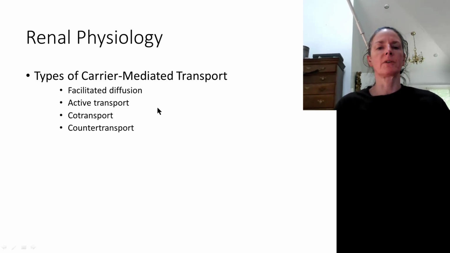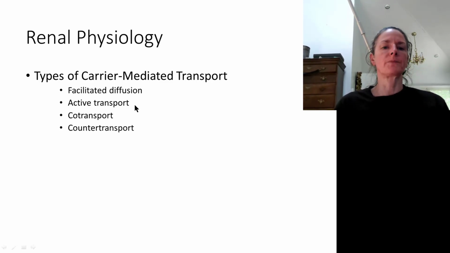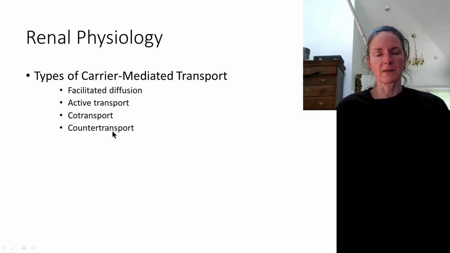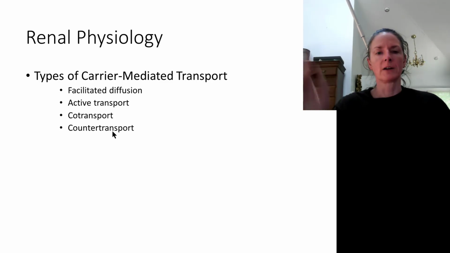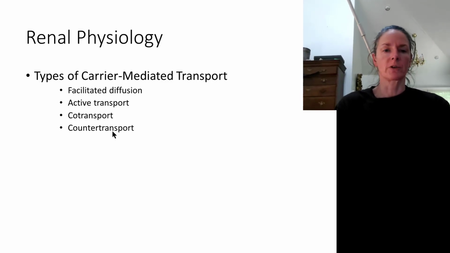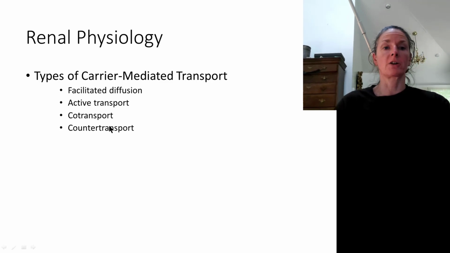A good example of this is the sodium-glucose transporter that we've seen in previous chapters. And then we'll have countertransport, like the sodium-potassium pump, where we've got 2 potassium coming in and 3 sodiums being kicked out of a cell. So these are our types of carrier-mediated transport. We'll see every one of these within our renal tubule.